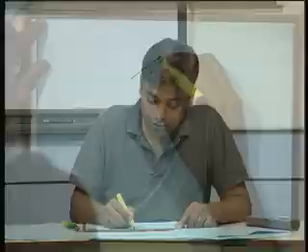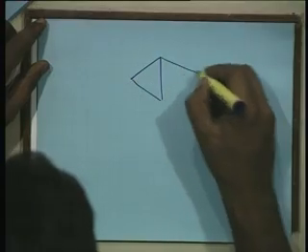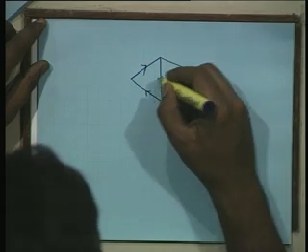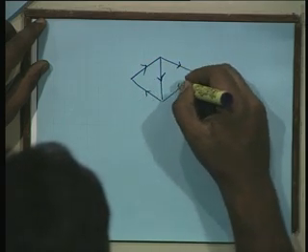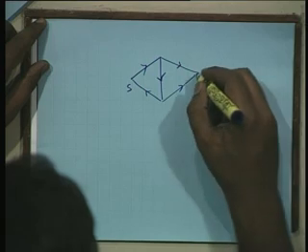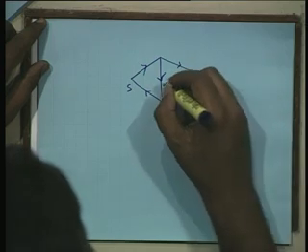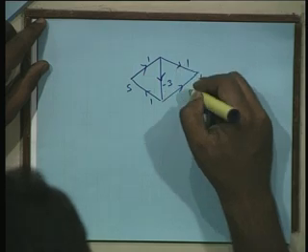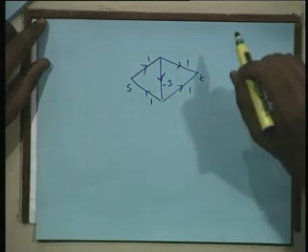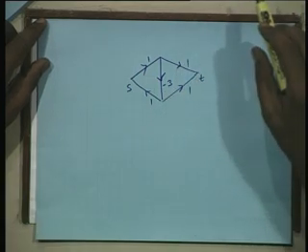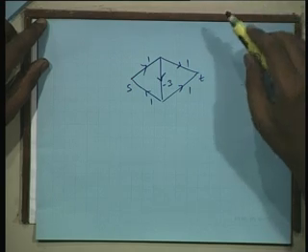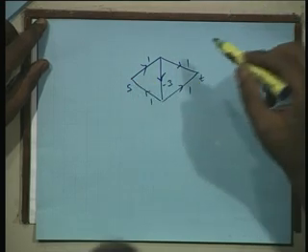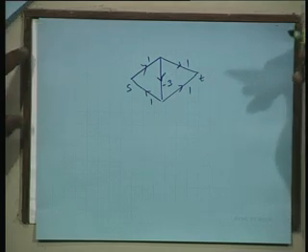Suppose this were my graph. Repeatedly, right? So, for instance, the shortest path from S to T has length minus infinity.